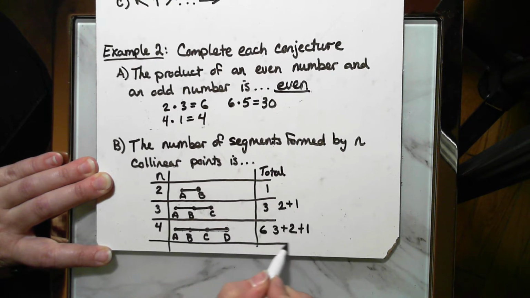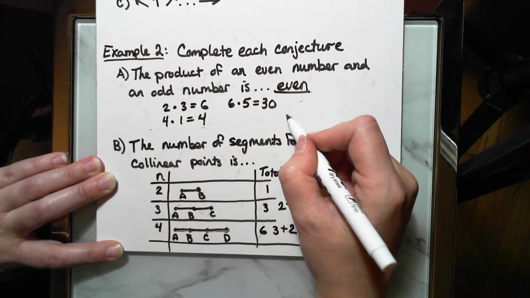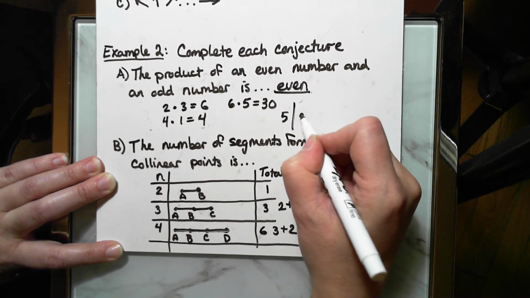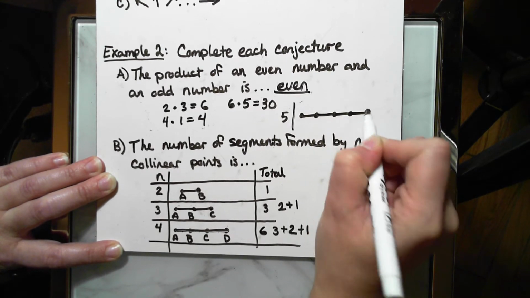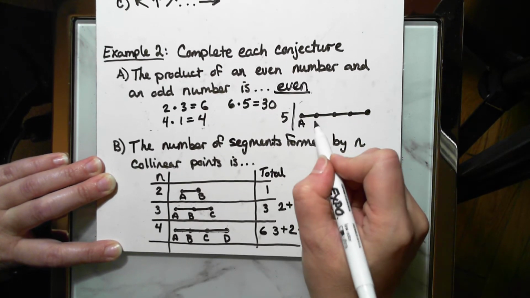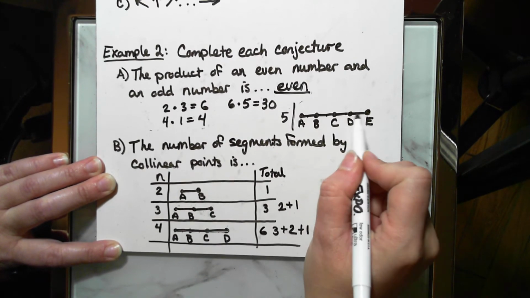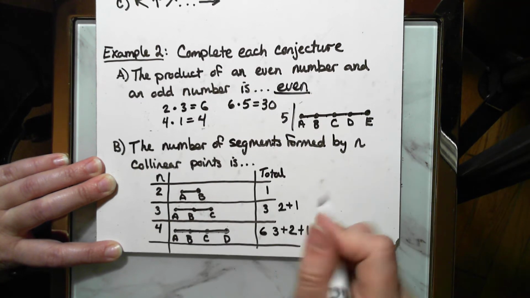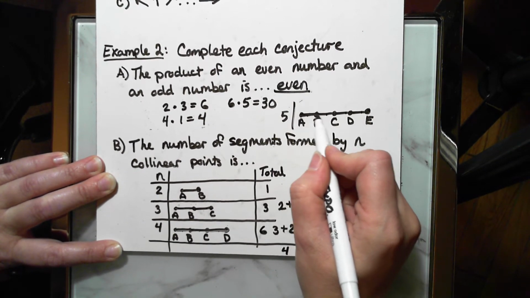If I had 5 points, which I'm going to do, I ran out of room, I'm sorry. I'm going to do it up here. 5 points, I'll have 1, 2, 3, 4, 5. Okay, so I have 1, 2, 3, 4, plus the ones that are 2 parts long.